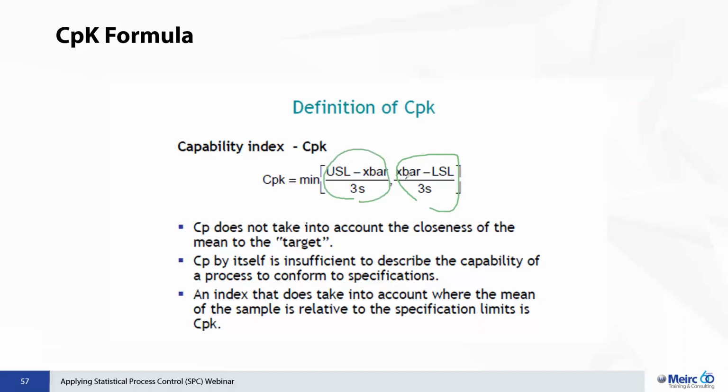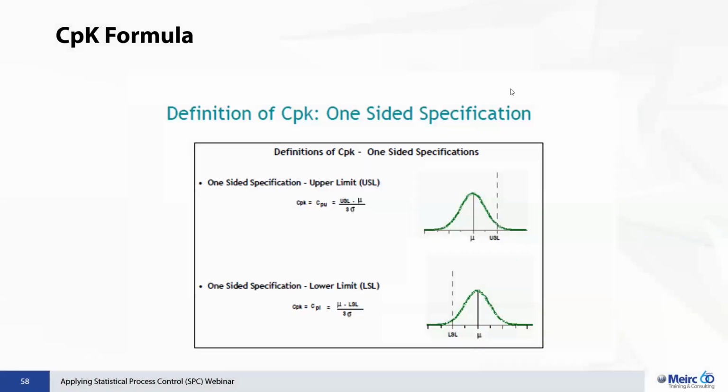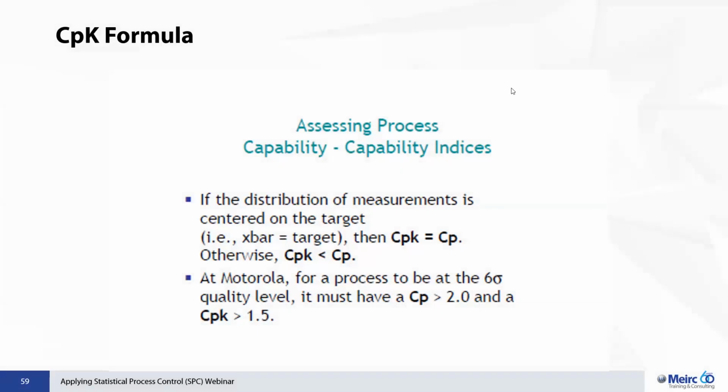So the X bar is here, the standard deviation, the data is given, and then you have 2 data sets. You take the minimum, all right? And once you take the minimum, you have that CPK number that can tell you whether your process is capable or not, or whether it is suffering from any type of issues.